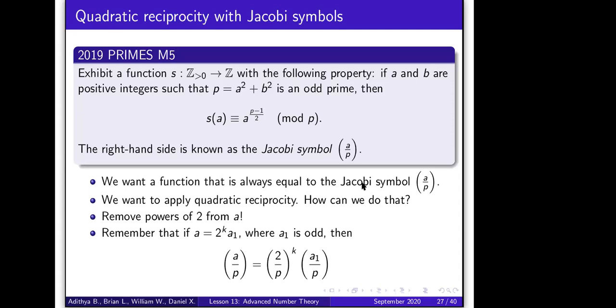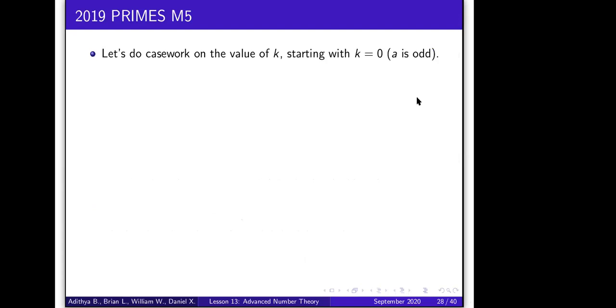So really it looks like we can simplify this so that we can apply quadratic reciprocity by taking casework on the value of k. So let's do exactly that. Let's start with k equals 0. So that means that A is just odd.